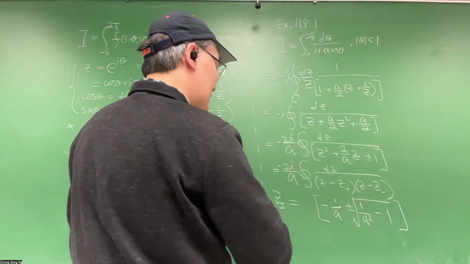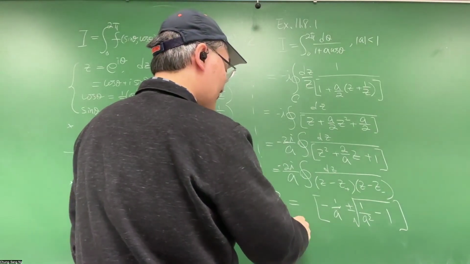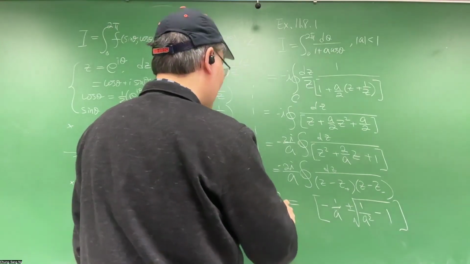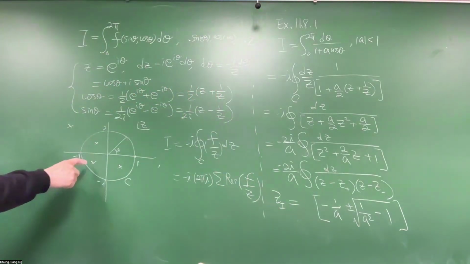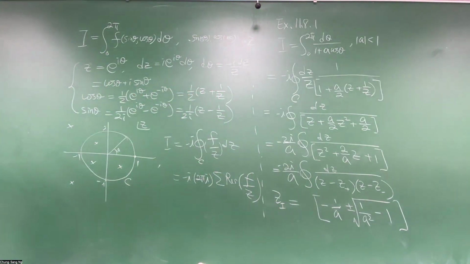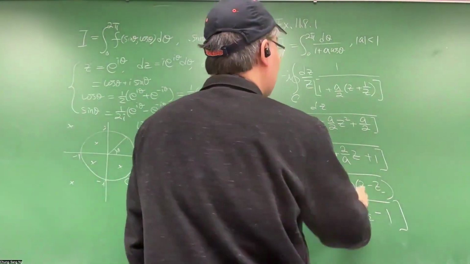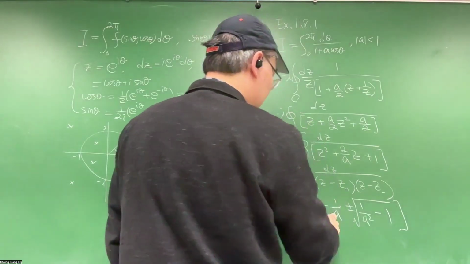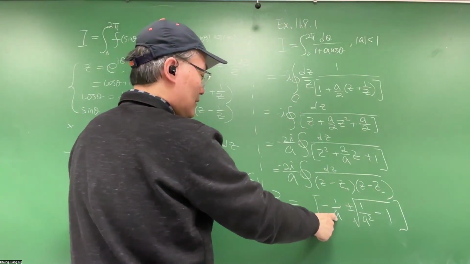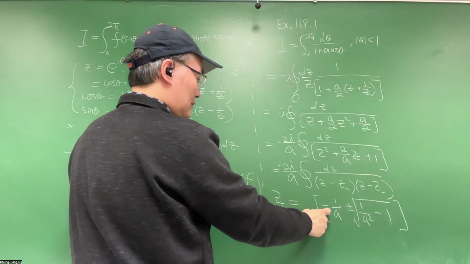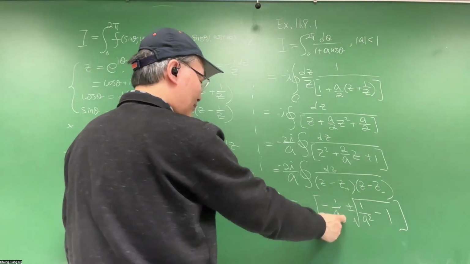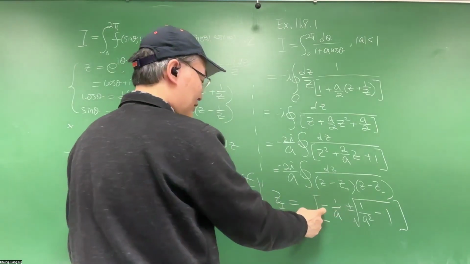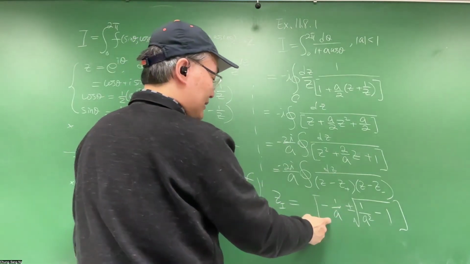So now you need to figure out whether they are inside the circle. You use the fact that the magnitude of a is less than 1. So the magnitude of this term is greater than 1, because a can be positive or negative.